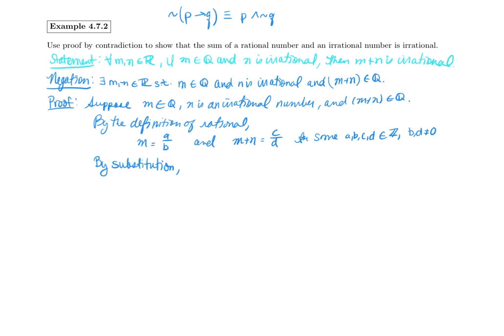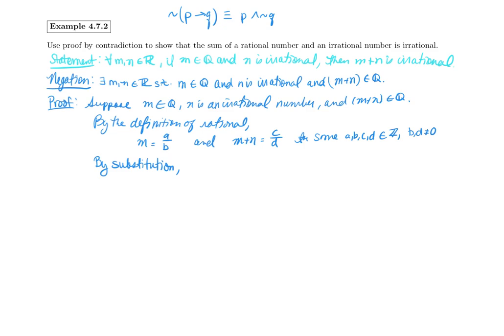So the trick to this one is showing that if we do m being rational and m plus n being rational, then we can do a substitution and show that n is rational, which would be our contradiction because we assumed n was irrational. So let's see if we can show that n is both rational and irrational.